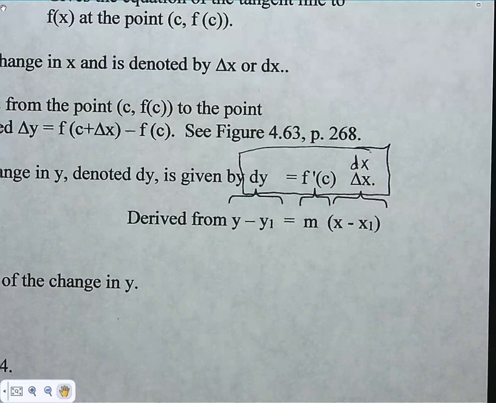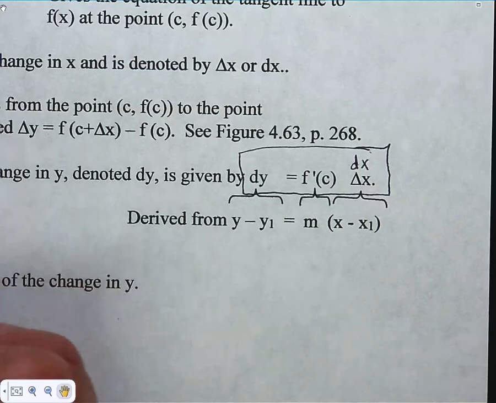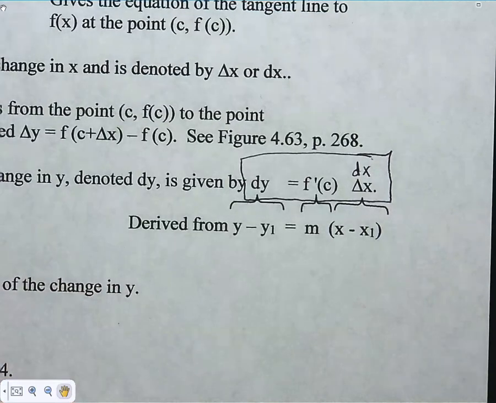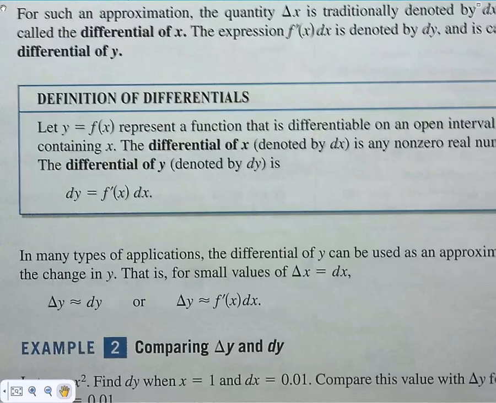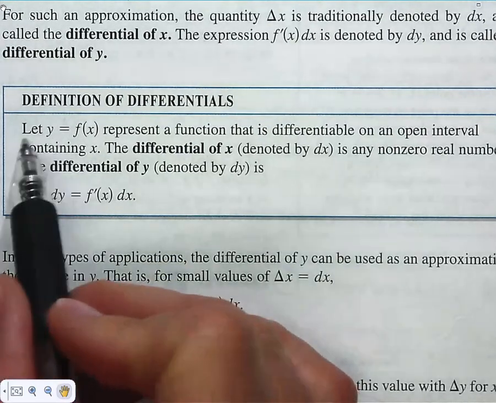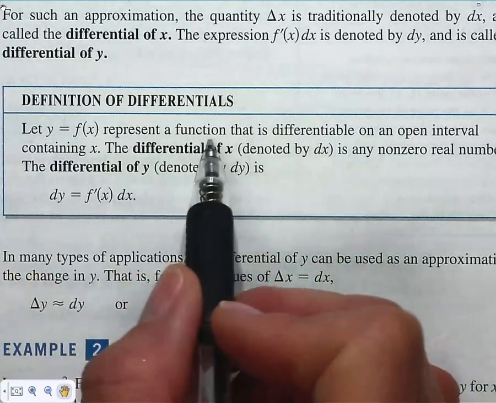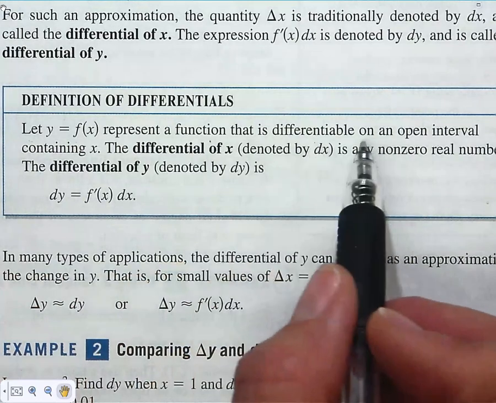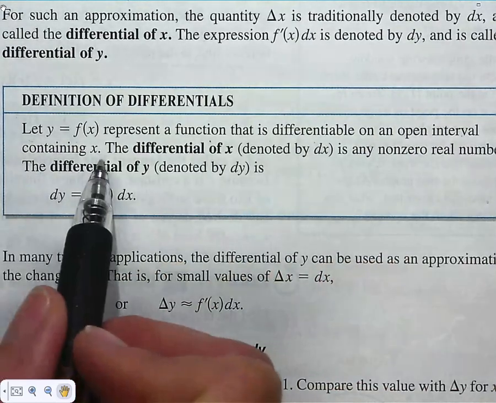All right, let's look at the definition of a differential on page 268. It's pretty much what I just put a rectangle around. Let y equals f of x represent a function that is differentiable on an open interval containing x.